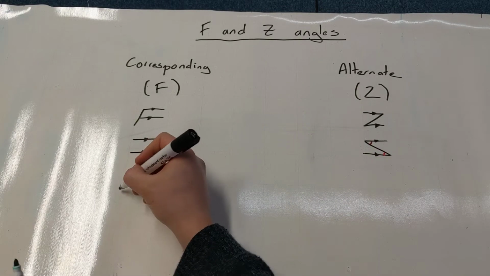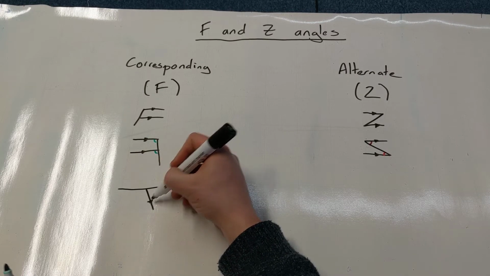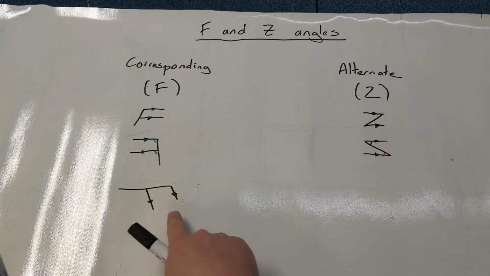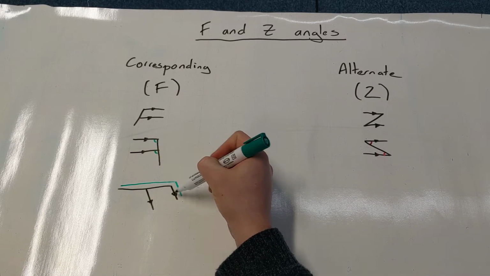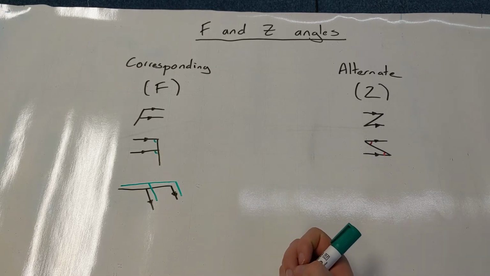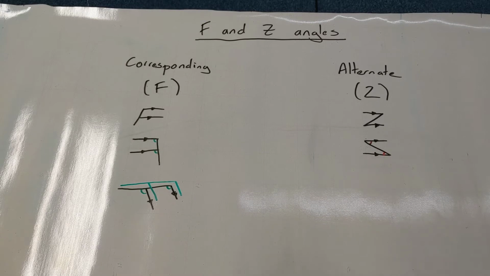We could even have it sideways like this. As long as our lines are parallel, well, that's still an F, isn't it? Because look, we've still got our F shape like this. And because we've still got our F shape, this in here is the same.